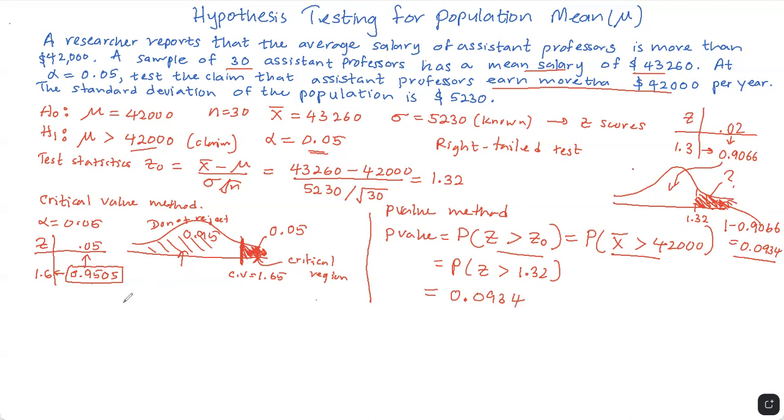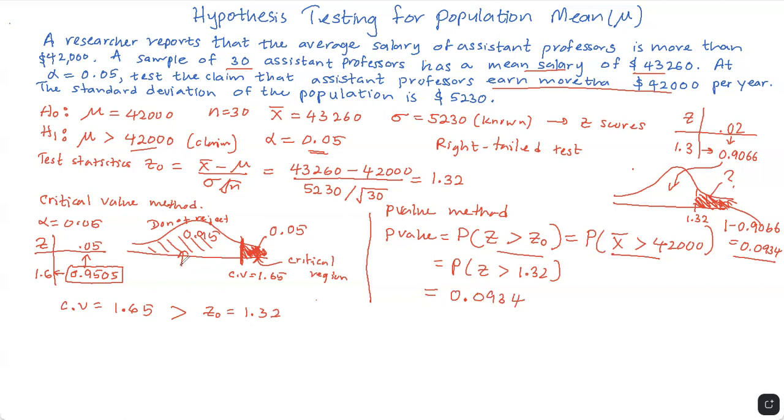Now let's make the decision of this hypothesis testing. I'm going to use the critical value method. So my critical value is 1.65. I'm going to compare this value with my test statistic value 1.32. Which one is bigger? As you can see, my critical value is greater than my test statistic.